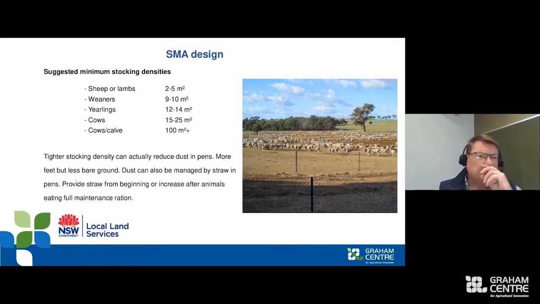But interestingly, tighter stocking density can actually reduce dust in pens. What we've often found is more feet but less bare ground helps to prevent dust accumulation and dust blowing around. And again, straw on the bed of the pens can also be another dust suppressant as well.